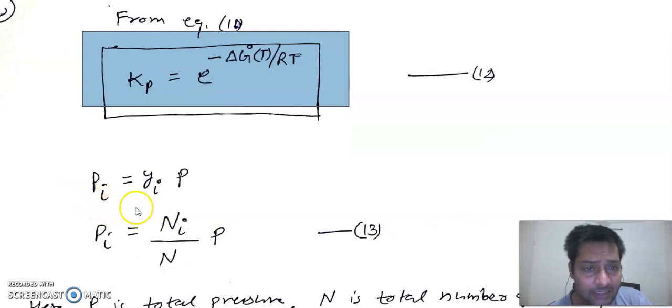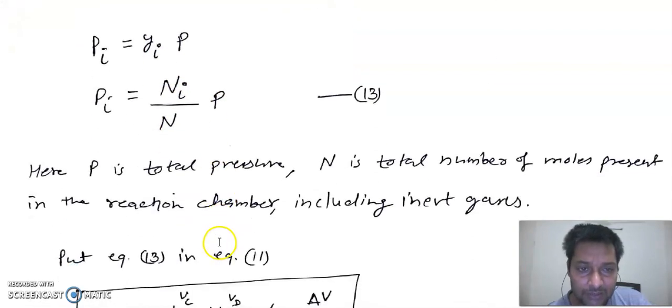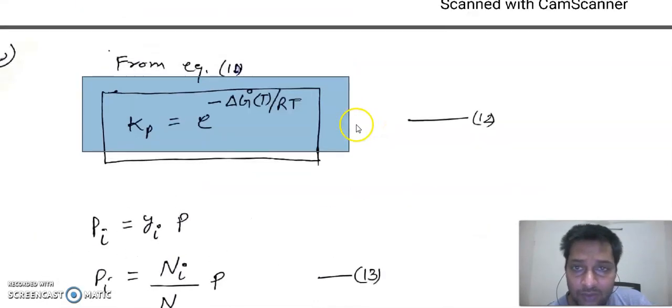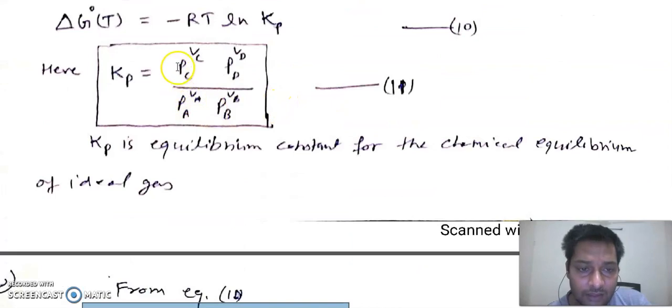Again, the partial pressure is equal to the mole fraction times total pressure, where the mole fraction is equal to the number of moles of component i divided by total number of moles. So Pi equals Ni upon N into total pressure P, where N is the total number of moles present in the reaction chamber including inert gas. So put this equation 13 in equation 11.